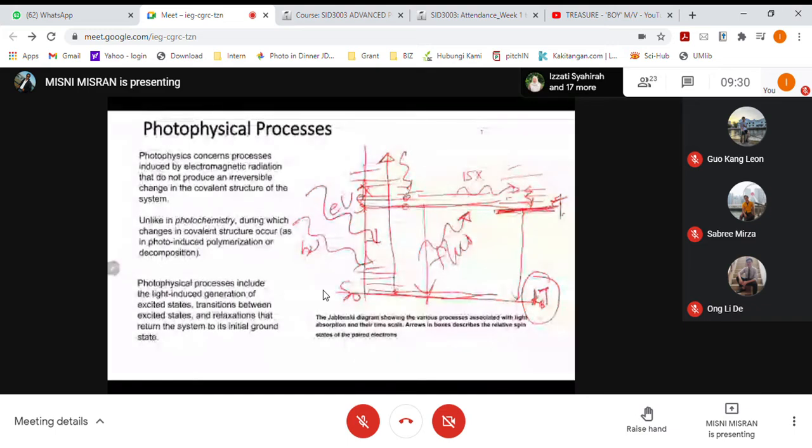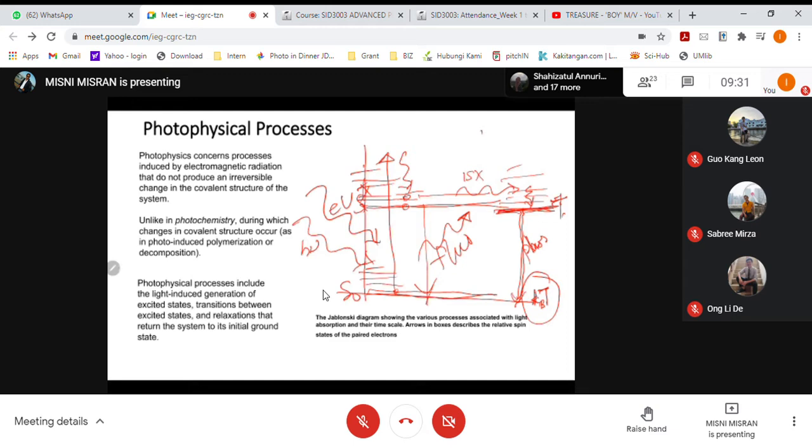Now, as this molecule comes down to the ground state from the triplet state, this is phosphorescence. So fluorescence, phosphorescence: these are the photophysical processes that you may observe as a result of a molecule absorbing light energy.